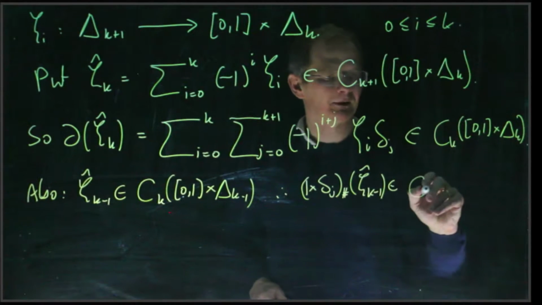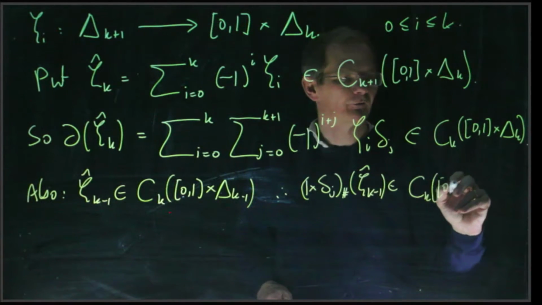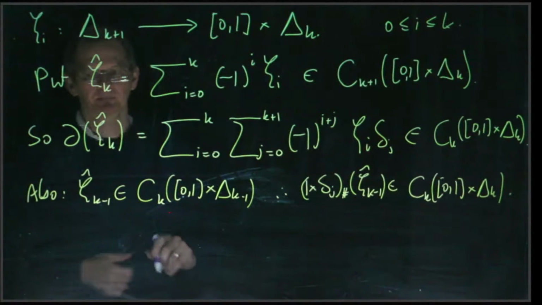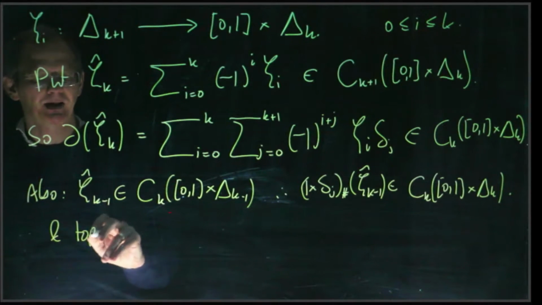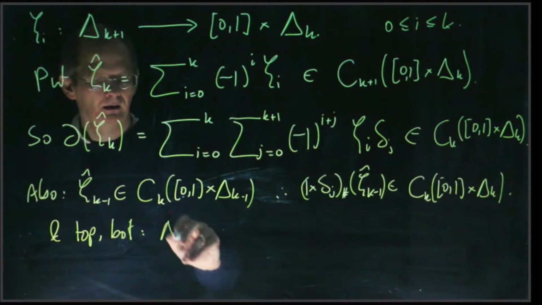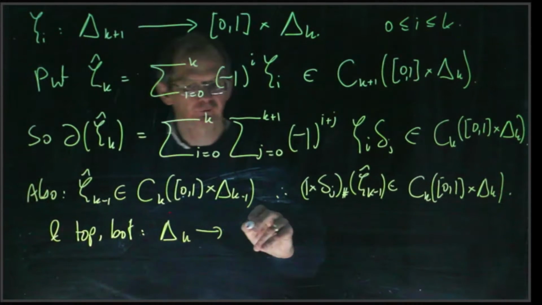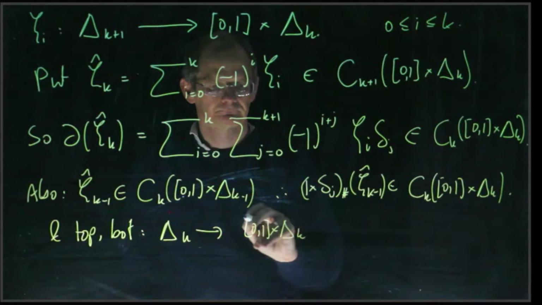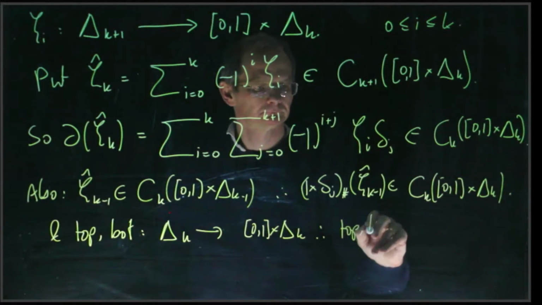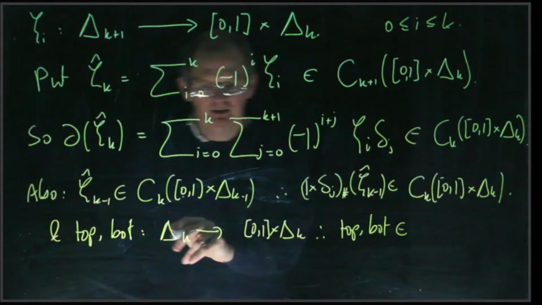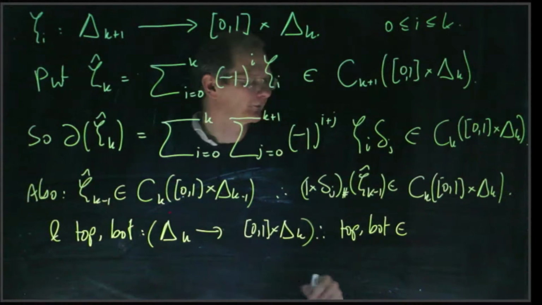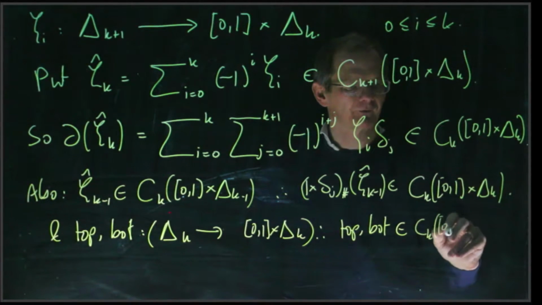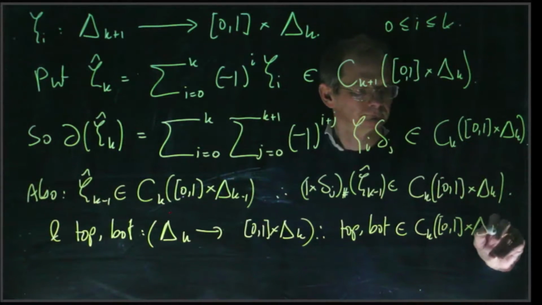So this is also an element now in C_k of [0,1] cross delta k. And we also had the top and the bottom maps from the delta k to [0,1] cross delta k. These are maps from the k-simplex into this space, so they're singular k-simplices. We can regard these also as elements of the same chain group.